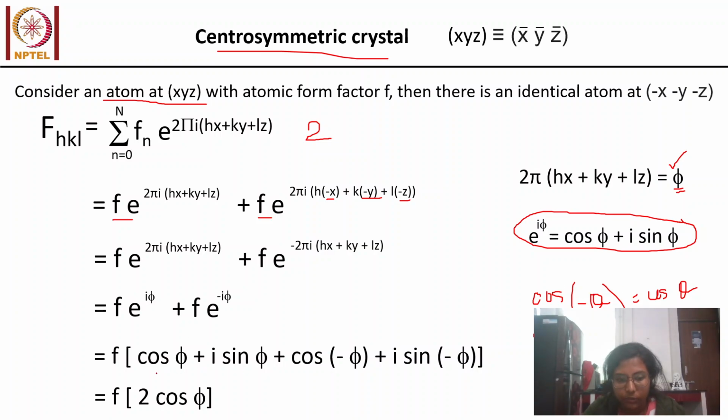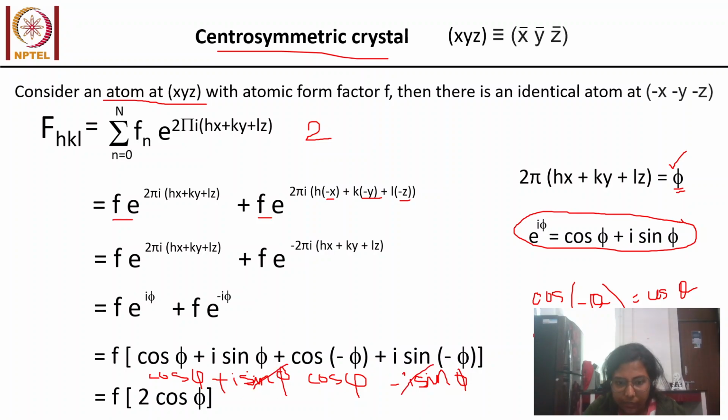So this will be the cos phi term, and this will also be the cos phi term, but here this will be minus i sin phi, and this will be plus i sin phi. So this term and this term will cancel out.